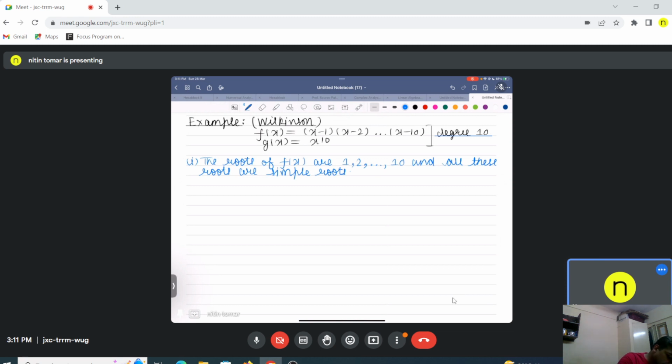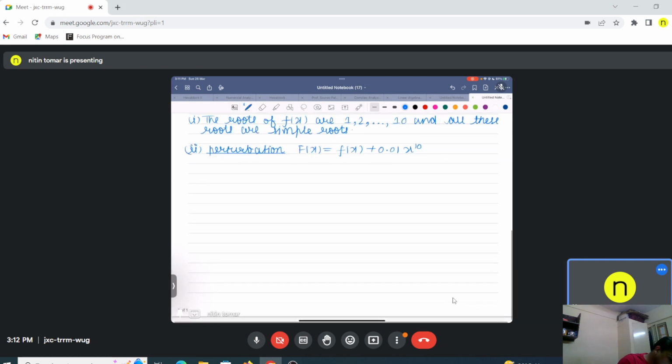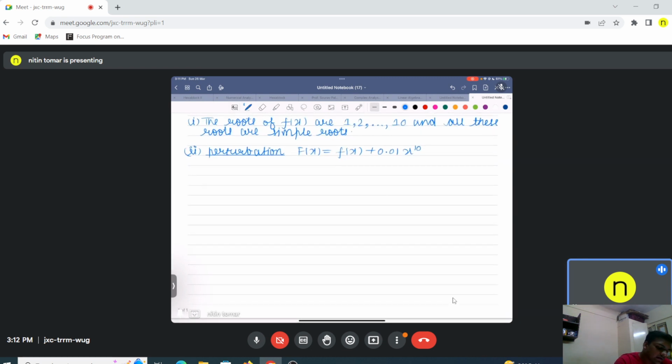Now let's say we do some perturbation and define f(x) to be, let's say, f(x) plus 0.01 x power 10, and that is precisely f(x) plus 0.01 times g(x).